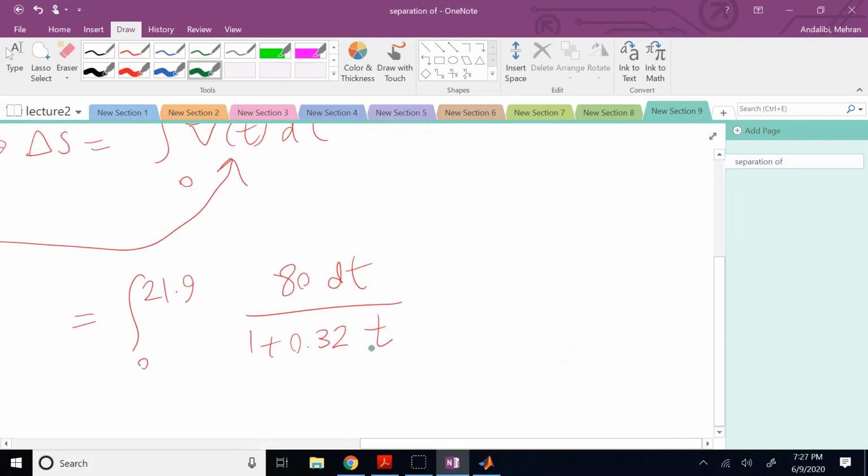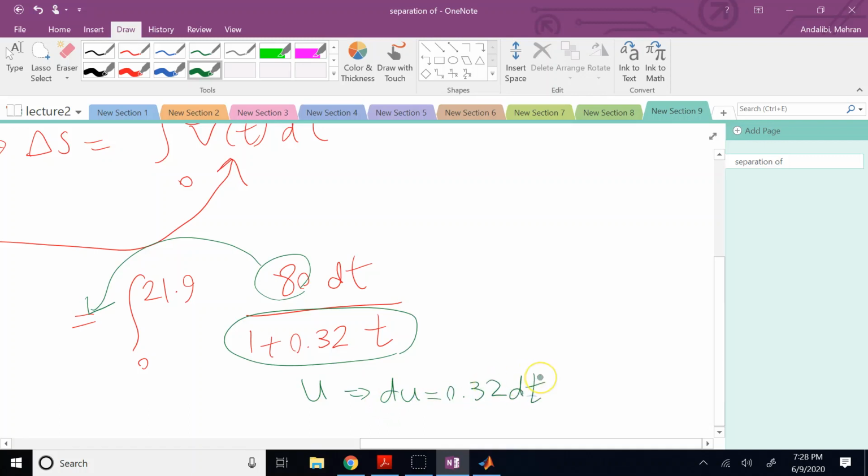All you need to do is to call this whole thing u, right? And if 80 comes out of the integral, then du from here, you see du is what? If that's u, then du is 0.32 dt, but this is 1 times dt. So what I do, I multiply it by a 0.32 and I divide it by a 0.32.